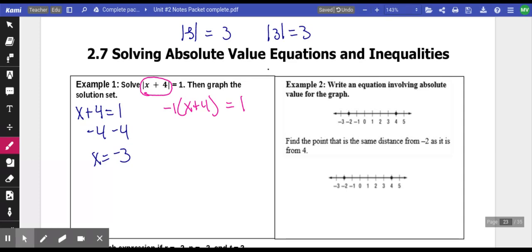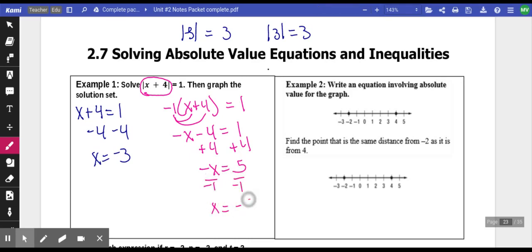So now I solve that, and there are two ways to solve that. I can distribute the -1. I get -x minus 4 equals 1. Then I add 4, and -x equals 5, divide by -1, and x equals -5. So the solution set is two values, -3 or -5.